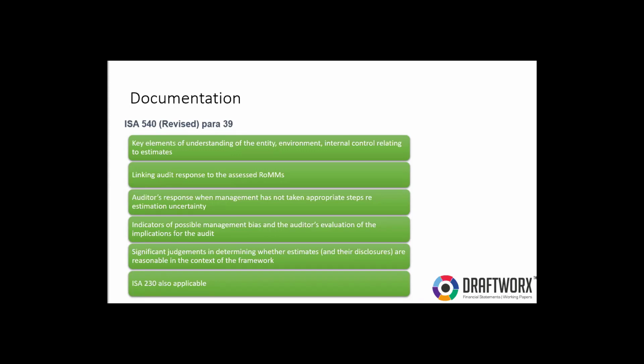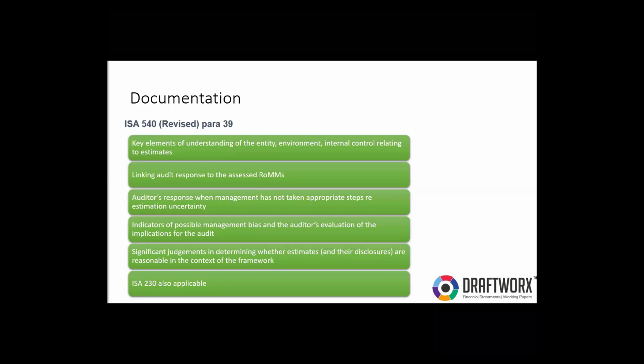And remember, when we document significant judgments, do we only document the conclusion? No, we must document the whole thought process building up to your conclusion. So when you think of accounting estimates, clearly there's a lot of judgments involved.